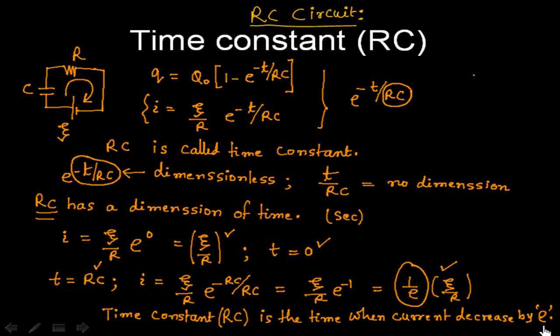That is, the initial current is xi by R, then after the time constant RC, this becomes xi by R divided by e. So this current reduces by a factor of e.